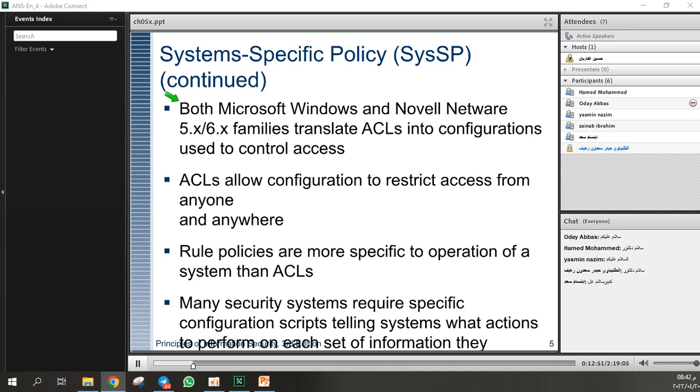It's an issue, and we need to define some specific policies for a system with a combination of Windows and Novell NetWare. Access control list is very important because it can restrict the access from different people to anywhere.